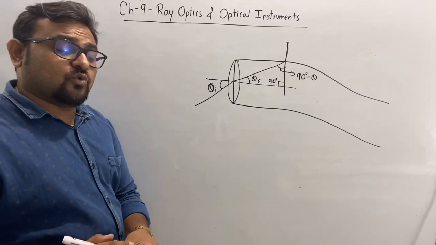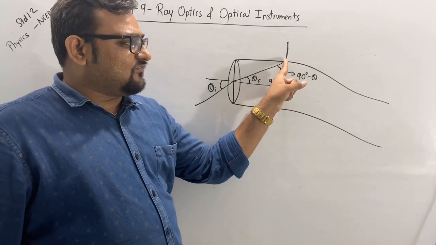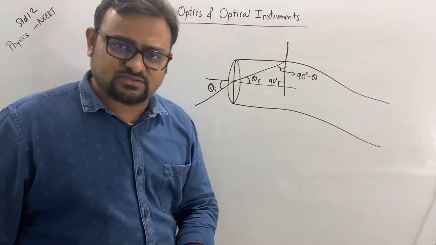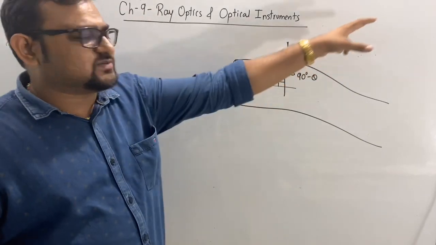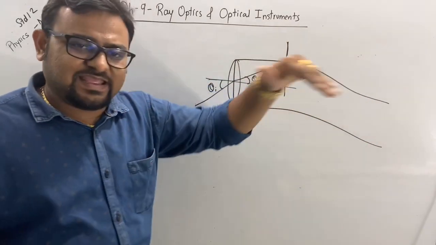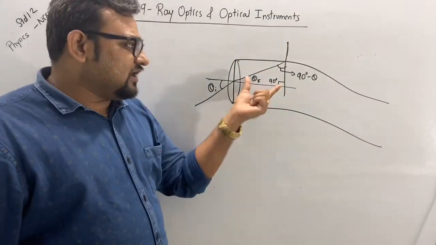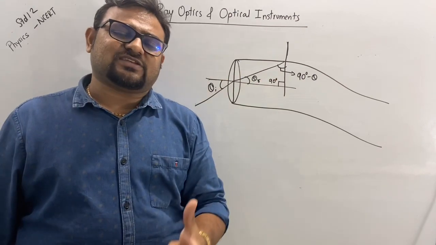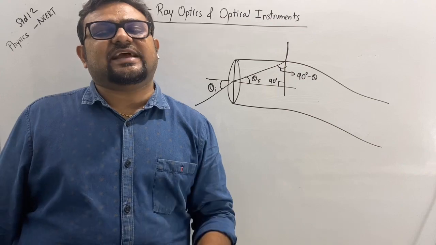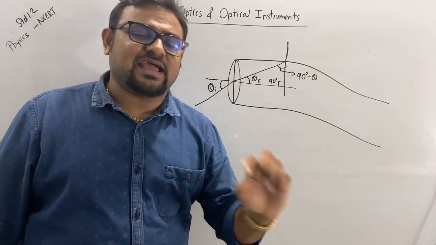Now we want that this ray must reflect internally. We don't want any leakage, right? We don't want this ray to transmit outside. We want it to reflect internally. Total internal reflection is possible when the angle of incidence is greater than critical angle.